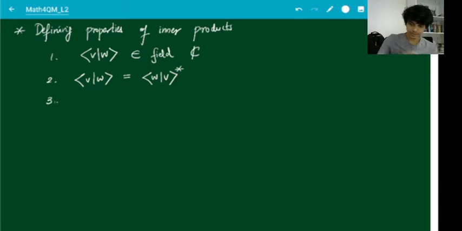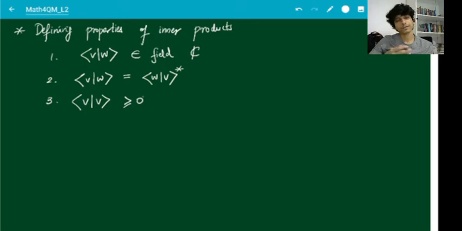Let's check the third one. The third condition is that the inner product of any vector with itself must be a real number and it must be greater than or equal to 0. So it has to be non-negative. Because intuitively you can think of the inner product of V with itself as being the length of the vector. So the length of a vector cannot be negative. You always want it to be 0 or a positive number.